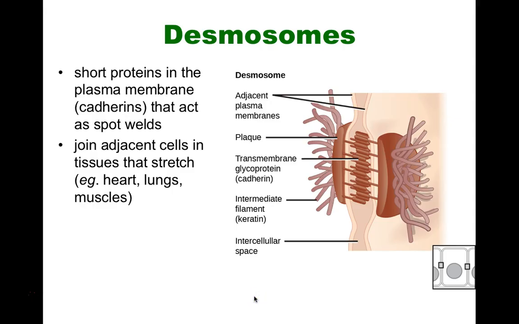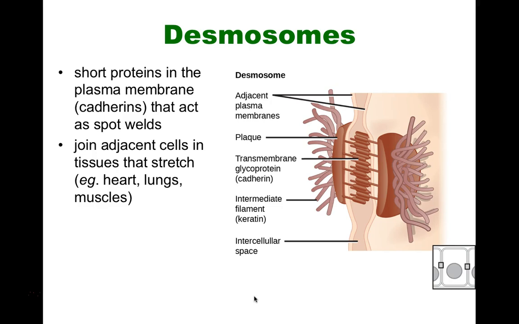Desmosomes are those tight cross-lacing, overlaying, interlinking structures from one cell to another. They're short proteins emerging from the surface of one cell that cross over or overlap similar types of proteins emerging from the neighboring cell. The proteins are called cadherins, and desmosomes are often described as spot welding, where you've overlapped these different cadherins from one cell to the next, and they're pretty tight, pretty snug.